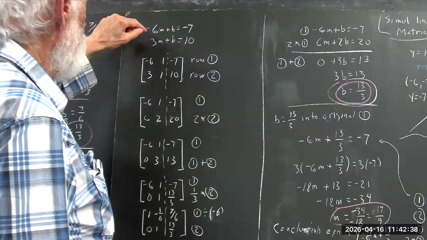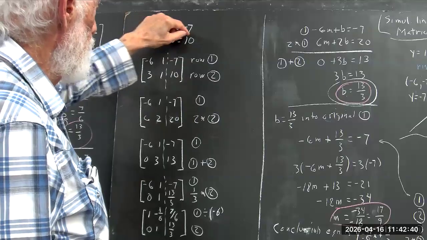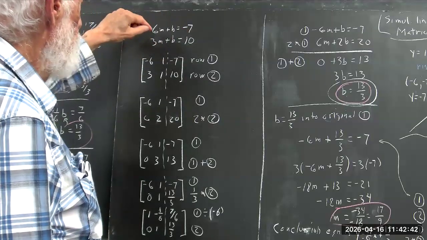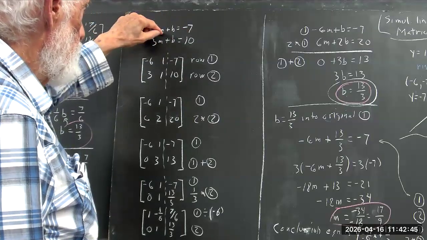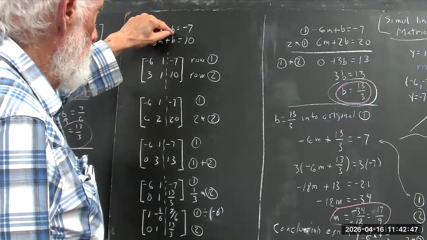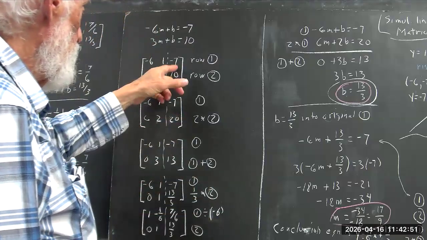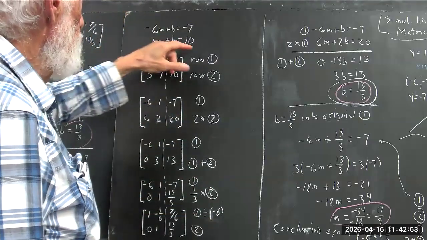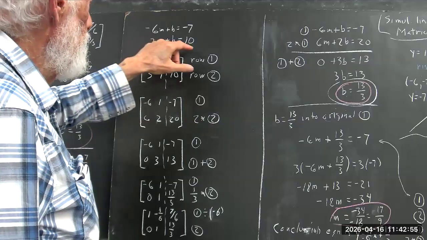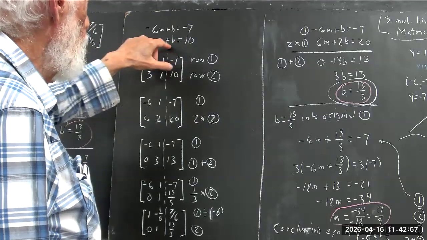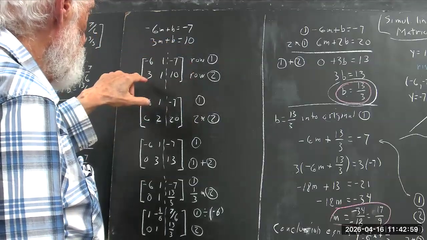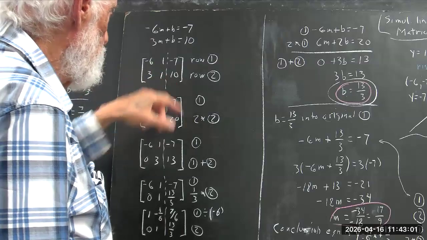The first row had the numbers negative 6, 1, and negative 7, which were the coefficients. Negative 6 is a coefficient of m. B has a coefficient of 1. And to the right-hand side of the equal sign, we had a negative 7. The second equation, 3m plus b equals 10, had coefficients 3, 1, 10. So the second row of our matrix was 3, 1, 10.